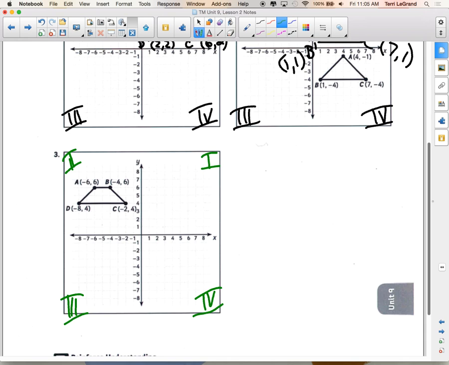Remember, put the numbers in your quadrants on your graph. We'll get you started, and then see what they want us to do. By the way, this is the poorly drawn Roman numeral 2. I'll make that look better.